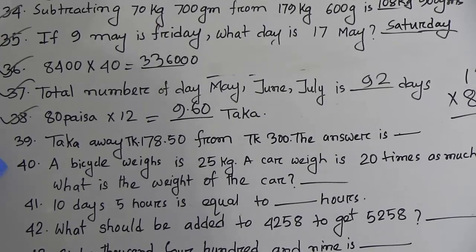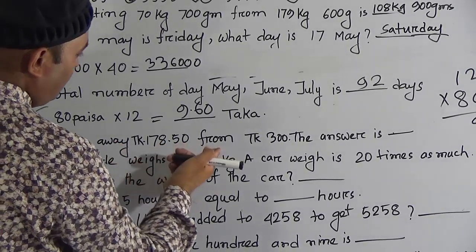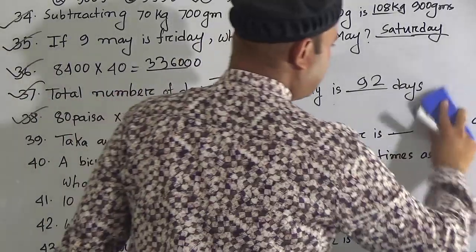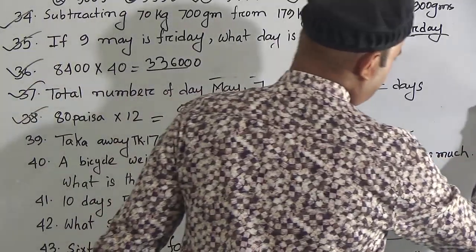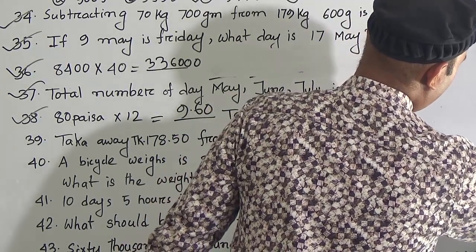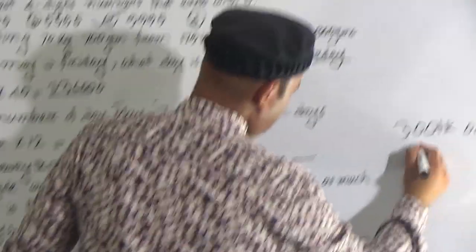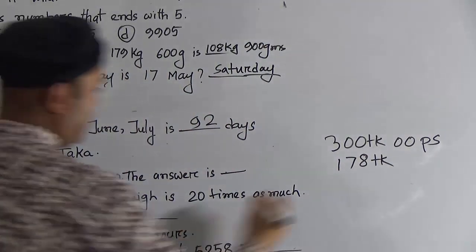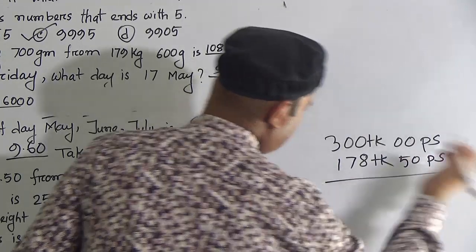Now 39, take away taka 178.50 from taka 300. We know that take away means we have to subtract, and the total number is 300 taka 00 paisas, and 178 taka, and here is 50 paisas.